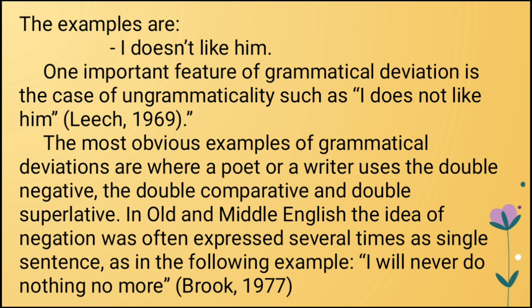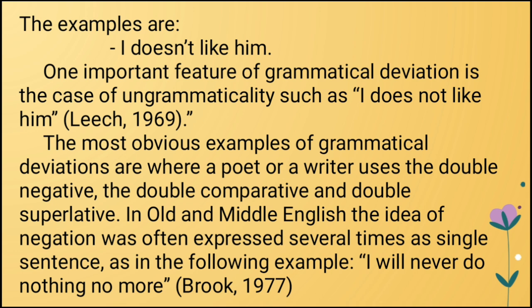As mentioned here, during Old and Middle English, the idea of negation was often expressed several times in a single sentence. So, as in the provided example, I will never do nothing no more, this is an example of a double negative, which occurs when two negative words are used together in a sentence.